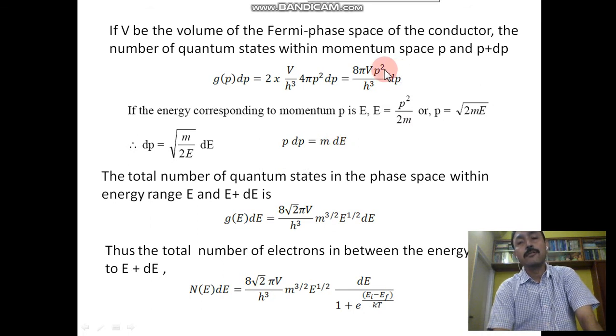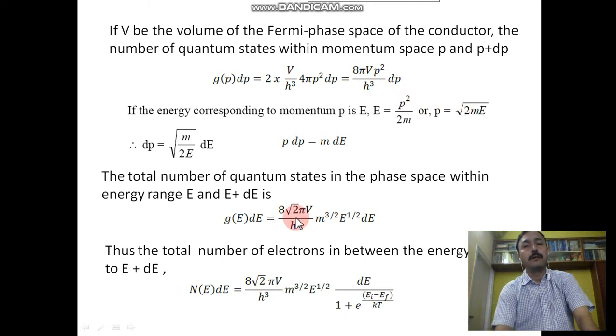So this equation we can represent like this: G(P)dP is 8 pi V into P by h cube into P dP. So this P dP will be replaced by this m dE and P will be replaced by root over 2mE.